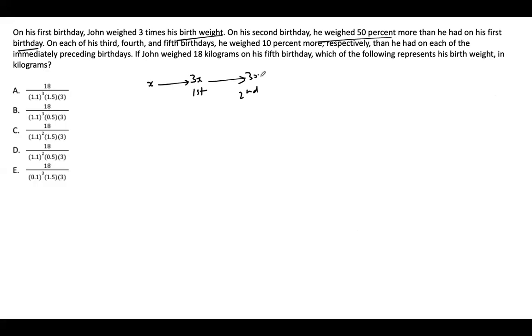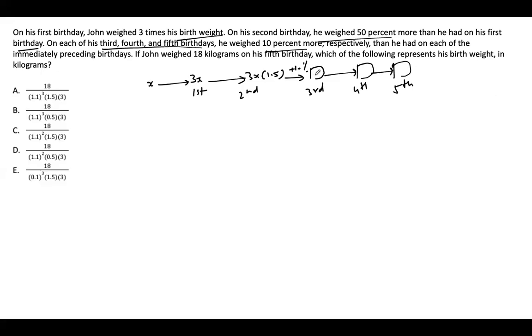So 3X into 1 plus 50%, so 1 plus 50% would be 1.5. On his third, fourth, and fifth birthdays, he weighed 10% more than he had on the immediately preceding birthdays. So every year the previous weight would increase by 1.1.